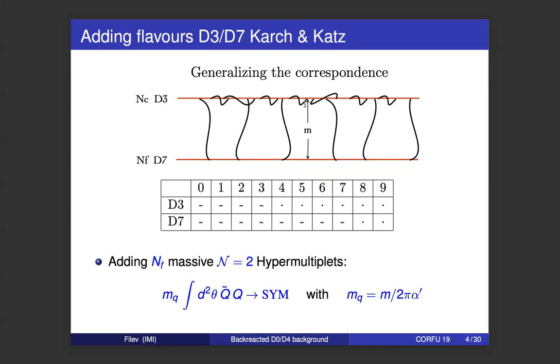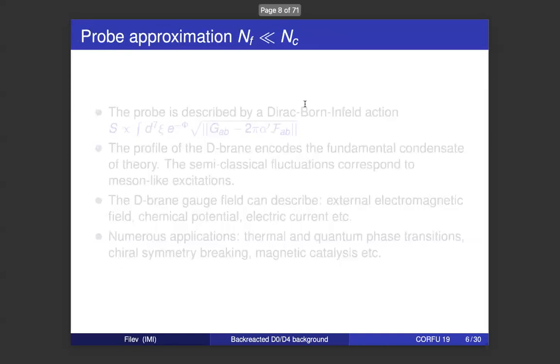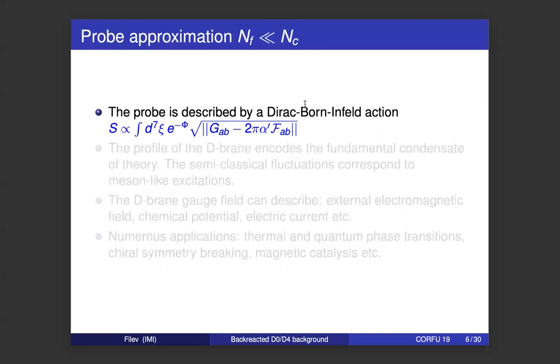If you go to the near horizon limit, you obtain AdS5 cross S5 space. AdS5 cross S5 is the near horizon limit of the D3 brane geometry, or the extremal p-brane geometry. Now, when you take that limit, if you bring the D7 branes closer and closer, as you take the limit, you end up with D7 branes probing AdS5 cross S5.